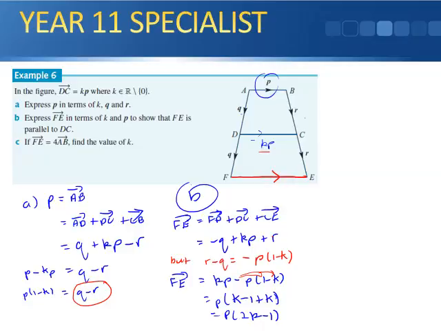And we know that that's just parallel to DC, because DC had the KP. That's just another multiple of it.